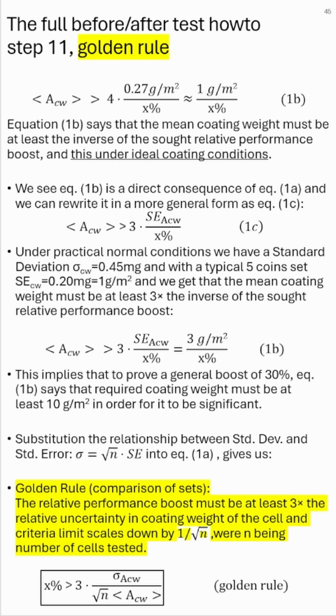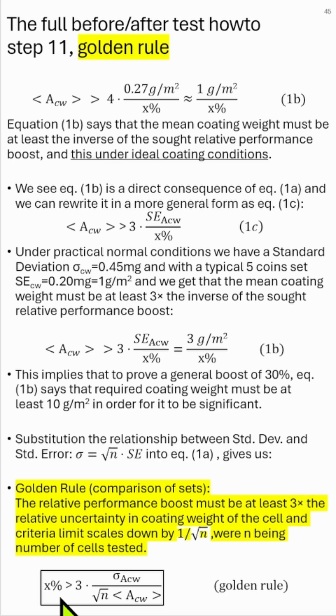So now comes the final part. In the above equation, we can substitute the relationship between the standard deviation and standard error. We know that the standard deviation is the square root of number of samples times larger than the standard error. So we insert that into equation 1b, and that gives us the golden rule, as I call it. And the golden rule states that the relative performance boost must be at least 3 times the relative uncertainty in the coating weight of the cell.